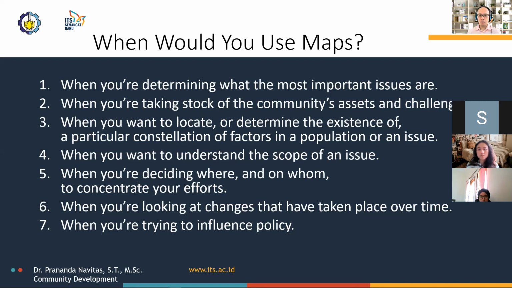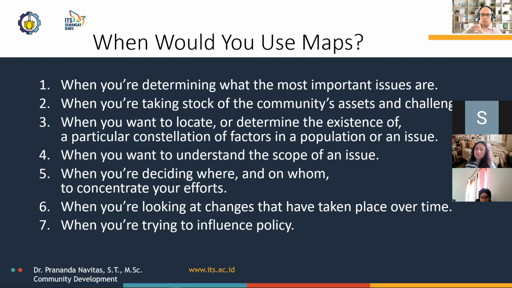You may then choose to narrow your focus on a specific neighborhood or a specific population, or to take on a different issue that's more manageable. When you're deciding where and on whom to concentrate your efforts, that has something to do with point number 4.